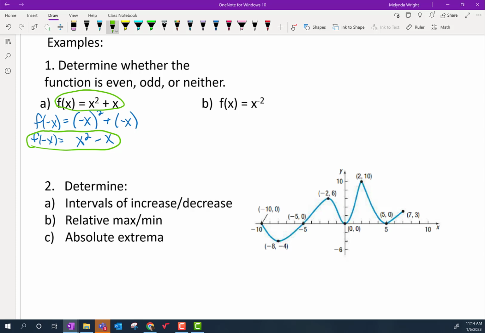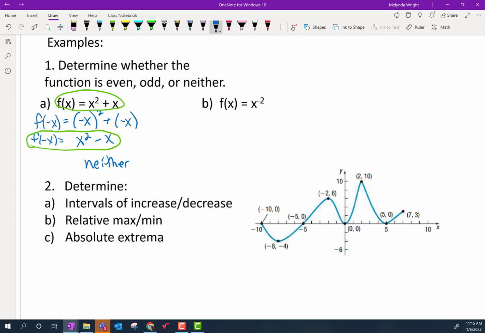As we look at this, the x squared is still x squared. That's the same. But the x is now a negative x. That's not the same. So this is a mixture, which means this one is neither. It's not exactly the same, and it's not exactly different. It's a mix. Okay, so that means neither.